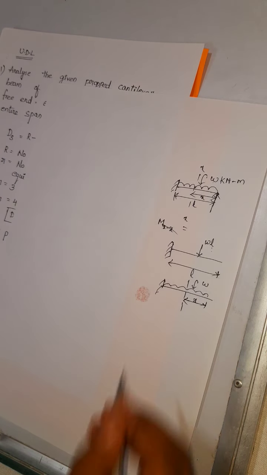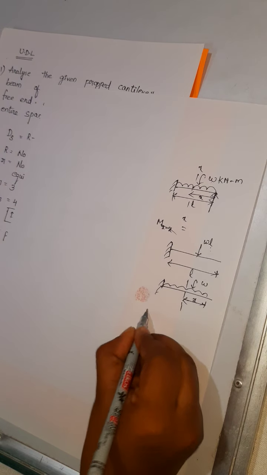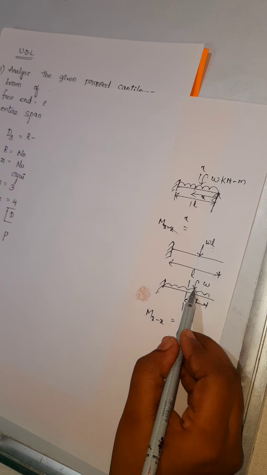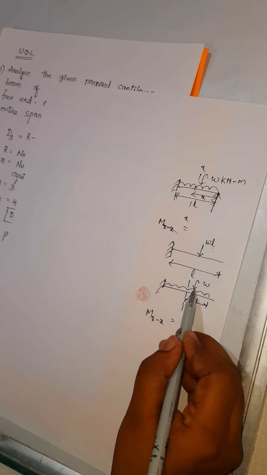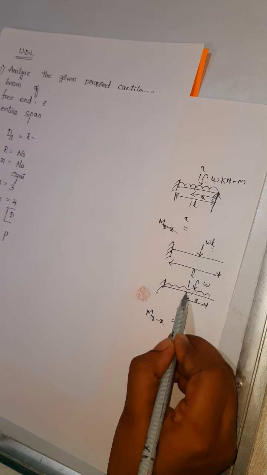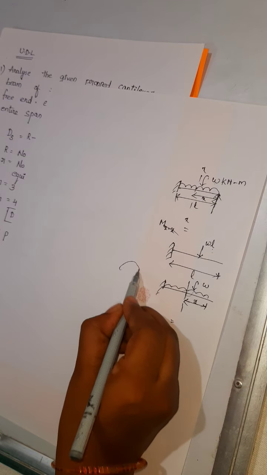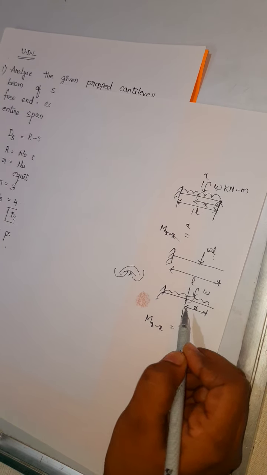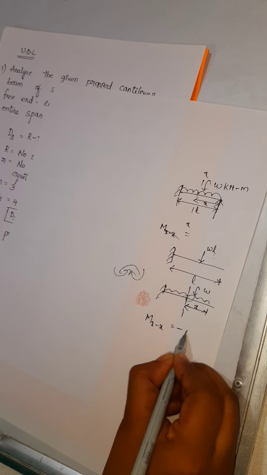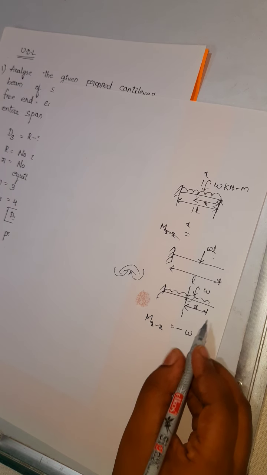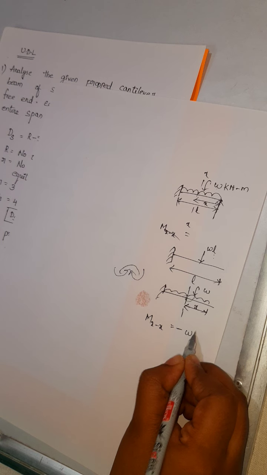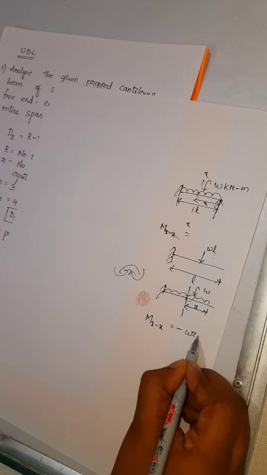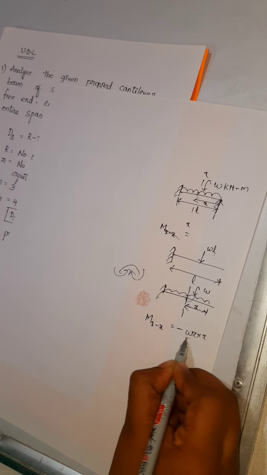So the moment at section XX is how much? This is in which direction? Hogging direction. See here, it is moving like section XX. So it is minus W into the distance by 2.